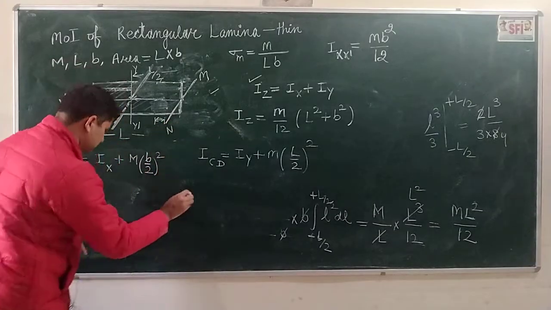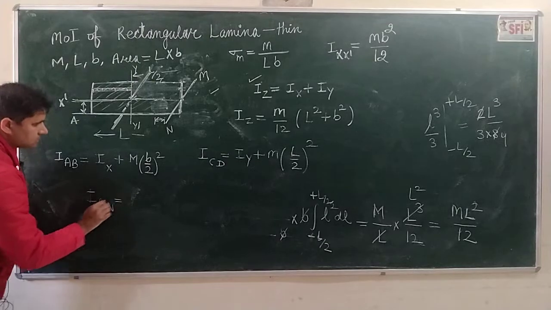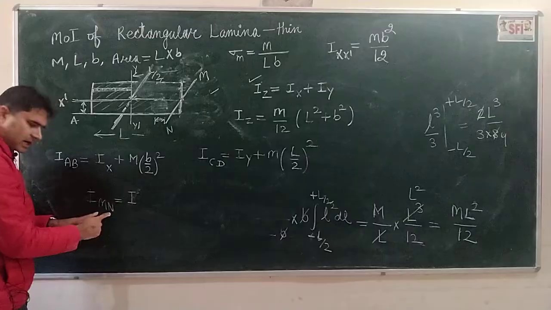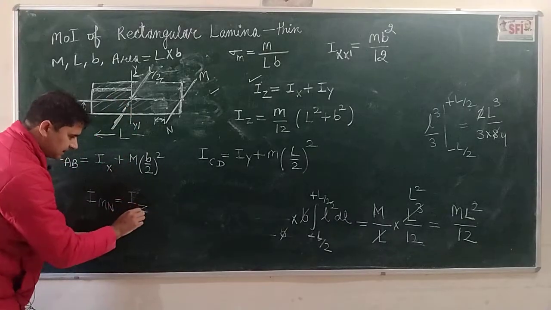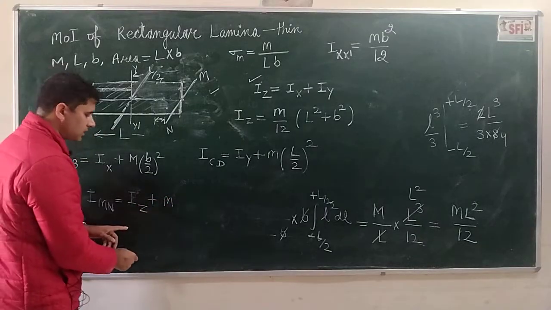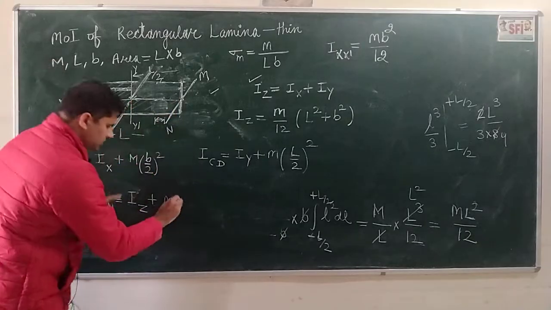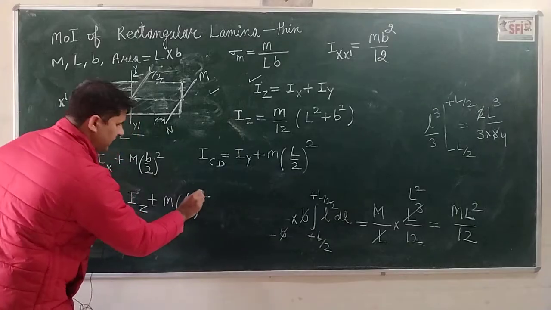So the moment of inertia about MN will be equal to the moment of inertia about an axis parallel to MN and passing through the center of mass, that is the z-axis in this case, plus the mass of the rectangular lamina times the square of the perpendicular distance, which is L by 2. So in this way you can find it.